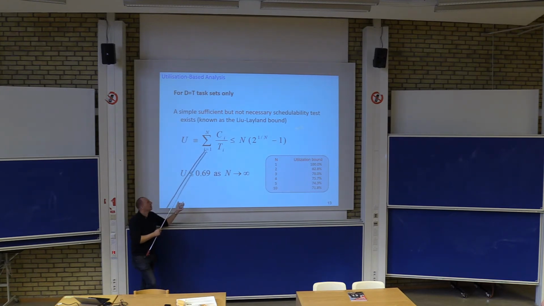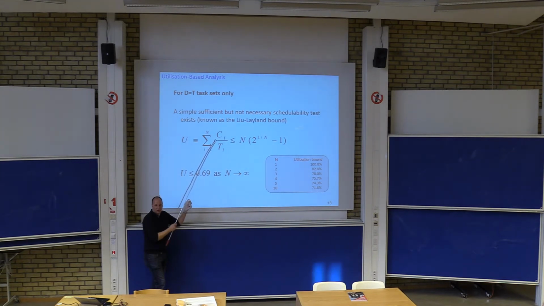We get a number between 0 and 1, right? So that we can think about as the percentage of the time that task 1 is using the processor. And then we do this for every task.